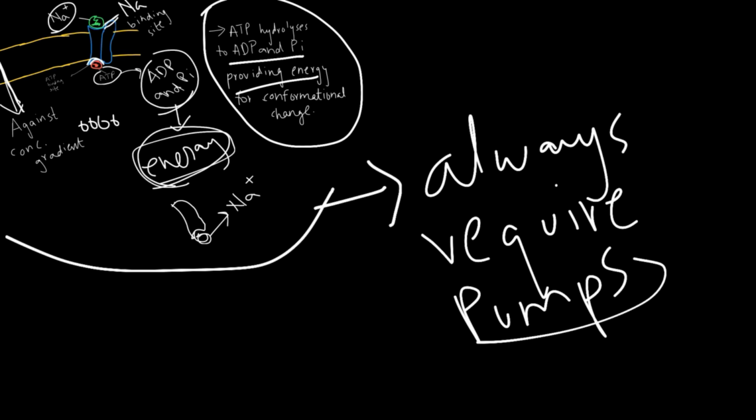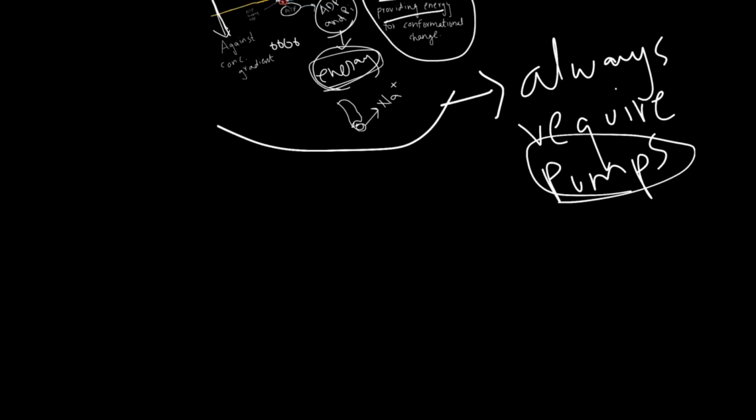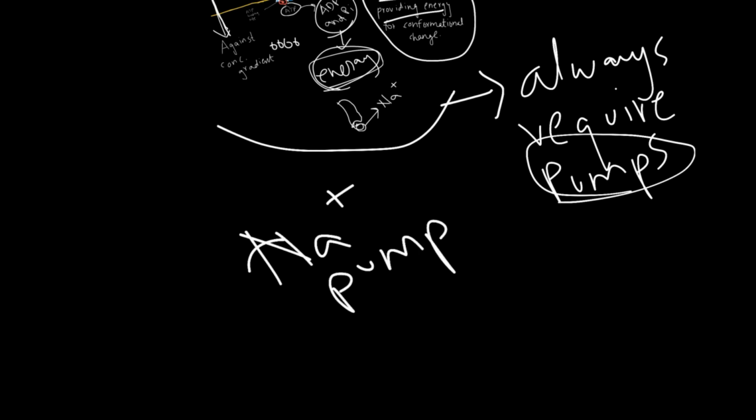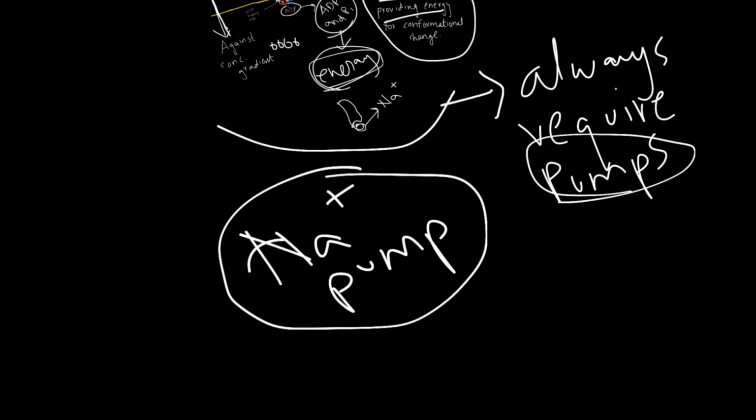Active transport always takes place through pumps, and for example, the side facing the cytoplasm is always an ATP site, and facing the outside of the cell membrane is always a site, for example for glucose, for sodium ion, for anything, and we call it a glucose pump or a sodium ion pump, for example Na plus pump, right? And this is where we'll conclude our video for today, and we'll get on with glycoproteins in the next video.